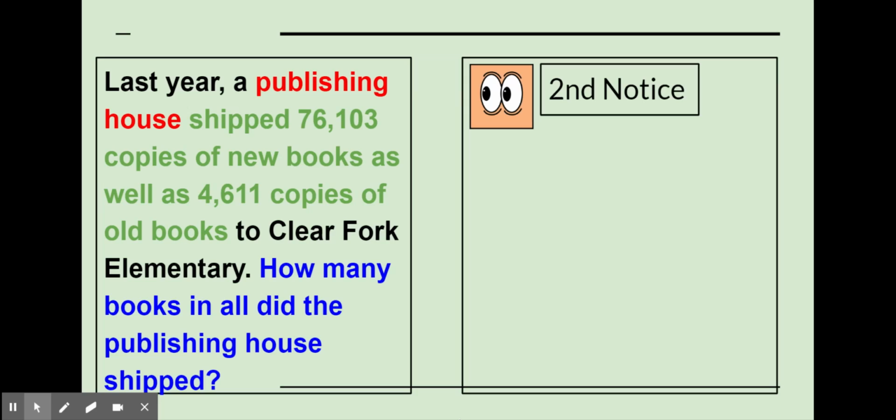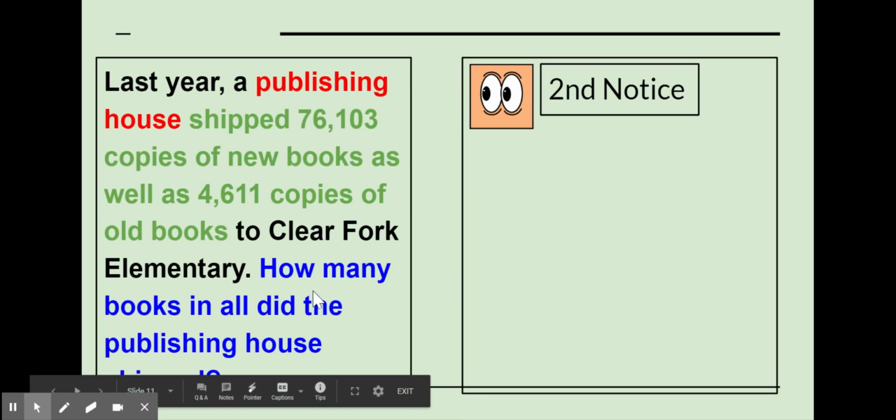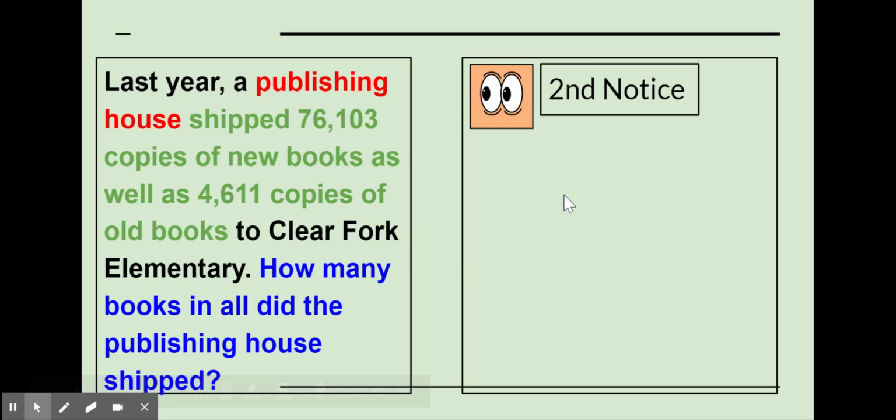And in our second look, this is where we want to draw a picture or a model that represents our story. So we know that there are 76,103 new books. So there's one part of our story. And then another part, we know that there are 4,611 copies of old books.